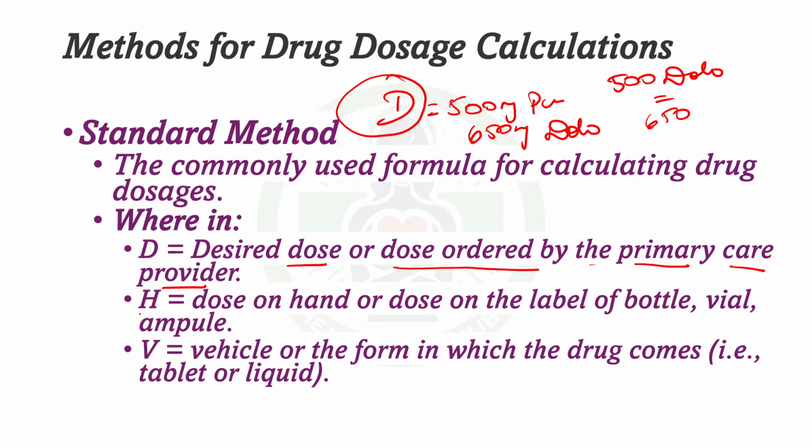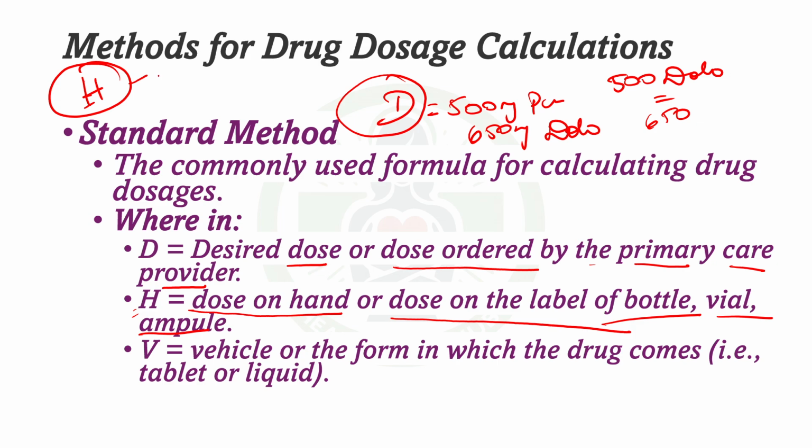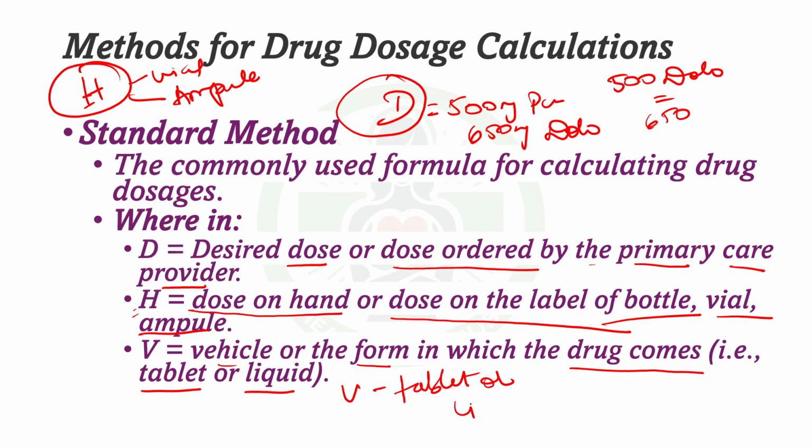So D stands for the desired dose, or whatever the doctor is ordering. Then H. H is the available dose, which is available in hand. It can be the available dose on the label of the bottle. It can be a vial or ampule. So the dose which is available in hand is called H. V means vehicle, or the form in which the drug comes; it can be tablet or liquid.